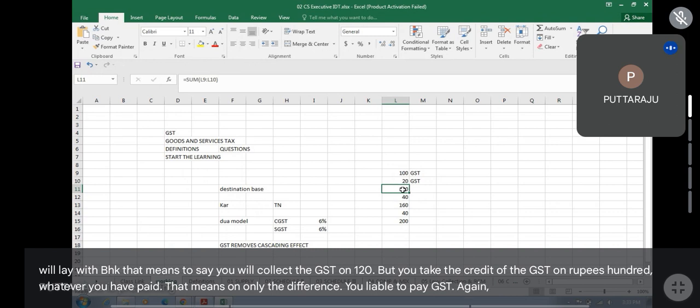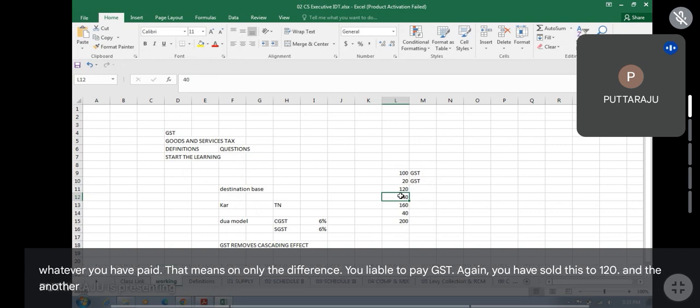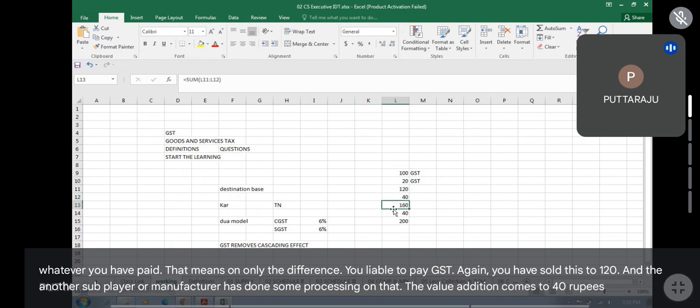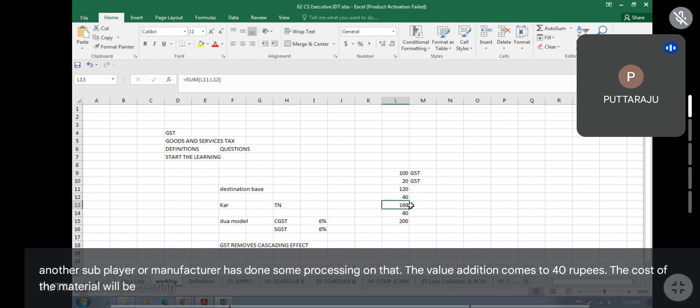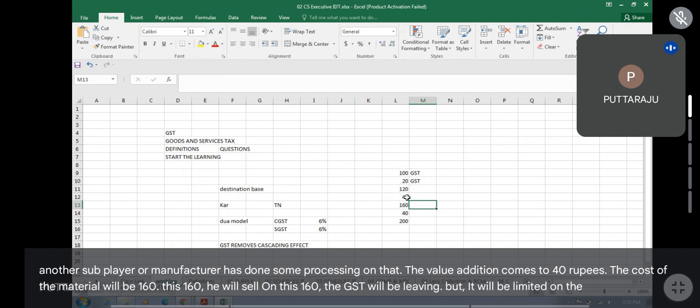Again, you have sold this at 120 and the another supplier or manufacturer has done some processing on that. The value addition comes to ₹40. The cost of the material will be 160. This 160 he will sell. On this 160 the GST will be levied, but it will be levied on the 40 only.